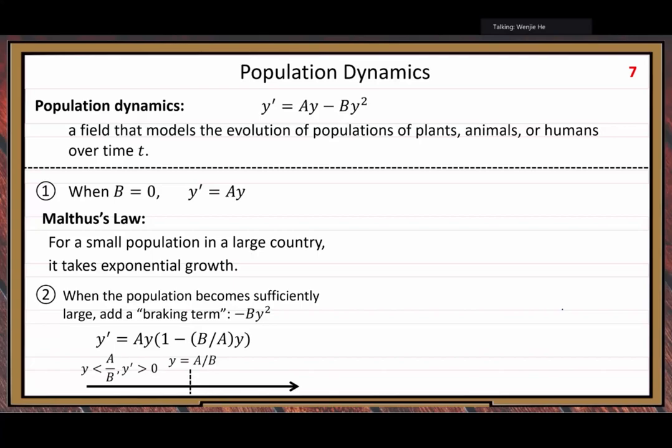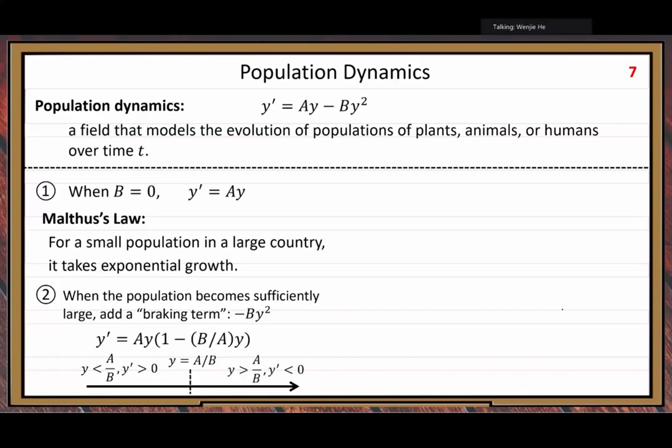If y is less than this constant, at the left-hand side of this line, y prime is positive. Y prime is positive, keep growing. So the population function is an increasing function when y is less than this constant.